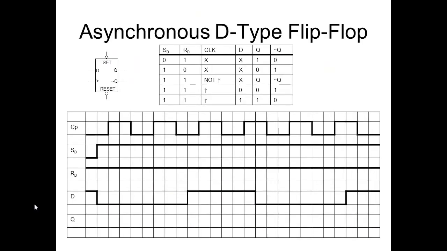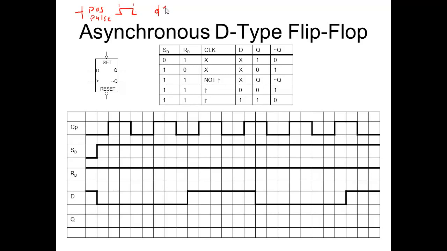This is an asynchronous D-type flip-flop, and we're also adding a new kind of clock to this. We're adding what's called an edge trigger. Let me show you the different kinds of clocks up here. We've been dealing with enable lines that look like this, which is called a positive pulse. In other words, it's this whole positive area of the clock.